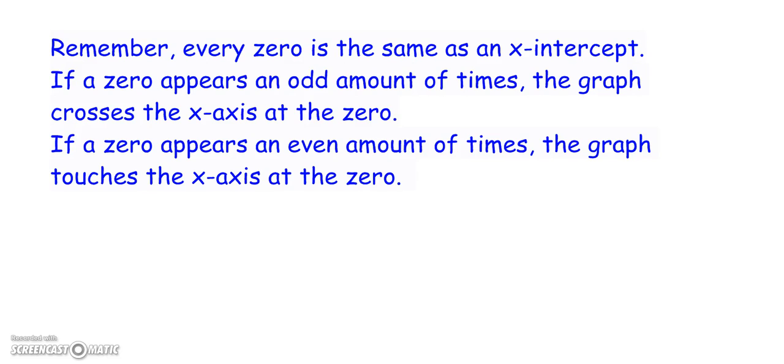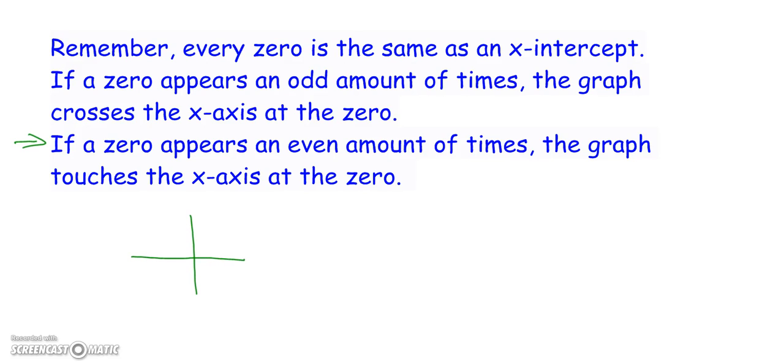For example, if you are solving a problem and a 0 appears twice, meaning you get the solution in 2 different places, an even amount of times, I jumped around a little bit. If you find a 0 an even amount of times, that means the graph is only going to touch the x-axis. It's not going to pass through it.